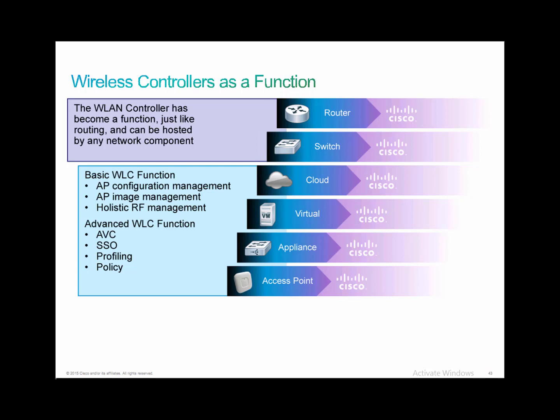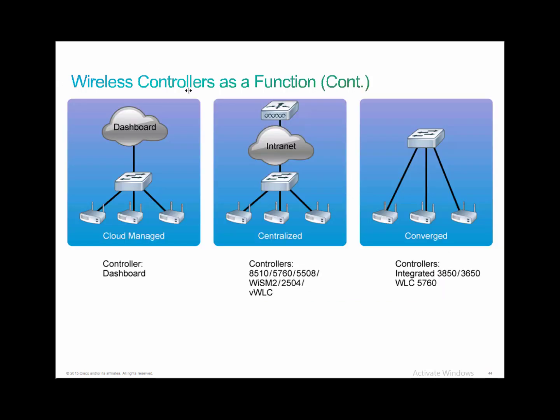We can deploy it as a centralized architecture, or we can do converged access to control the wireless LAN based on those deployment models. And we talked about the difference between the converged access design and the centralized design. And we also support QoS, quality of service. So lots and lots of functions.